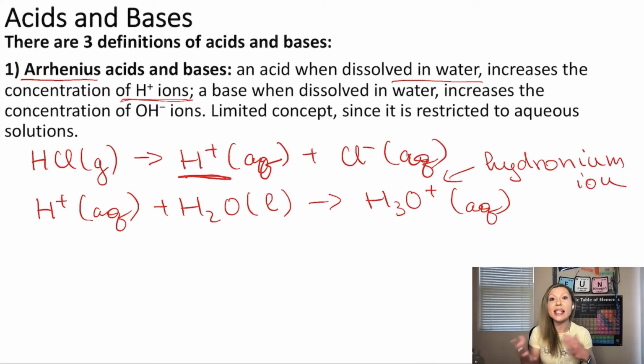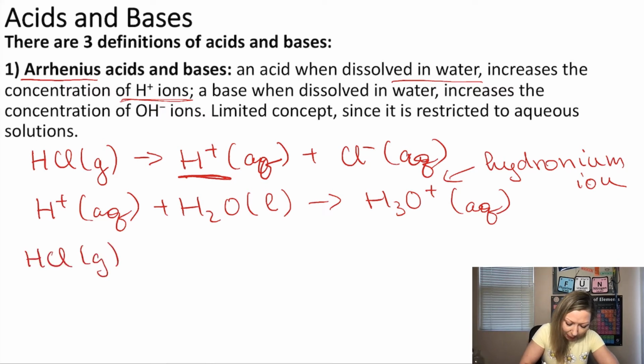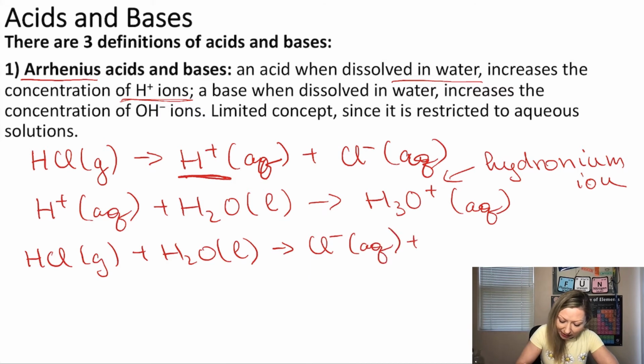And we can represent these two reactions combined in one reaction. So you can take HCl gas plus H2O liquid and produce Cl minus, or the chloride ion, plus the hydronium ion H3O plus, also aqueous.